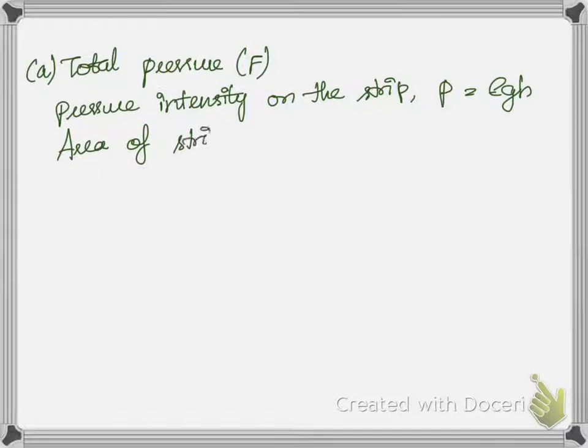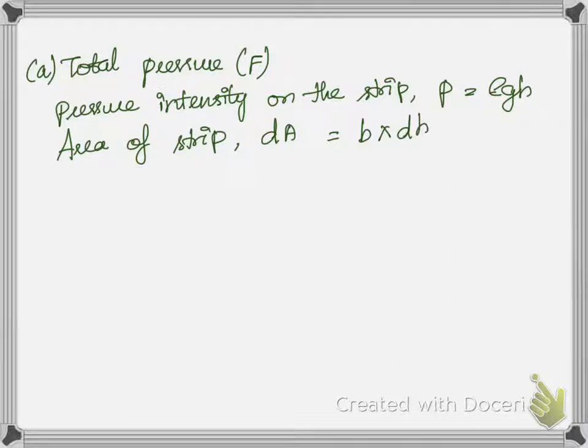I have told that let A be the complete area of the plane surface of arbitrary shape which is immersed in the liquid. Then the area of the strip we take as dA. Area is nothing but width into height. Here the width is b and the thickness of the small strip is dh.